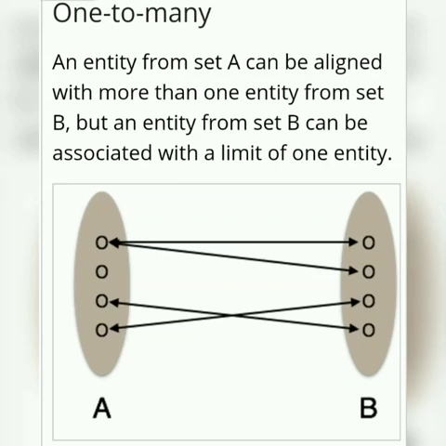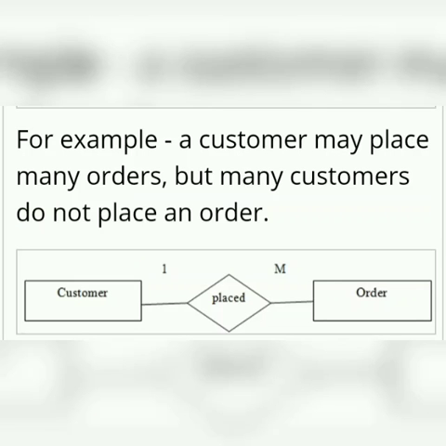So from the entity A we can relate with more entities of set B. For example, a customer may place many orders but many customers do not place an order. So here customer represents a single person. So customer placed, here placed is the relationship, placed order. So a single customer can place many orders. That is possible. So here one to many relationship.